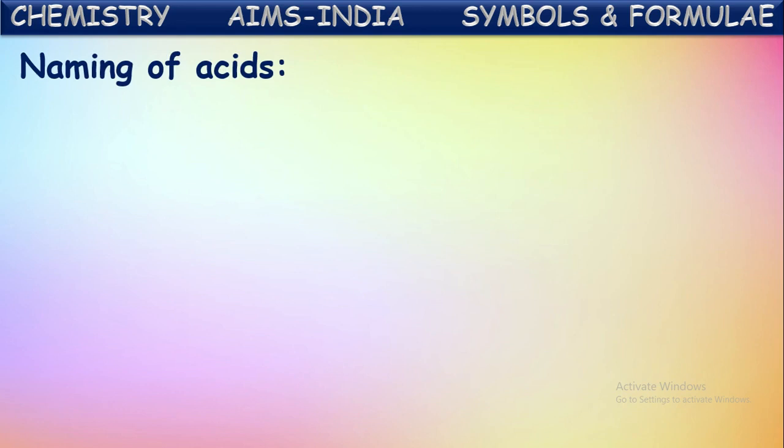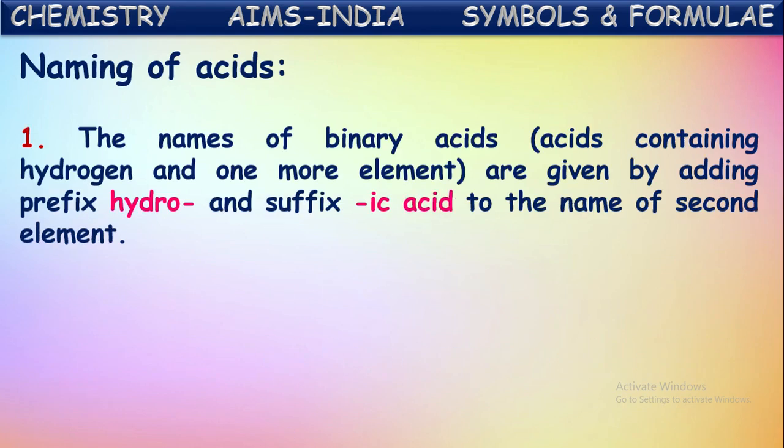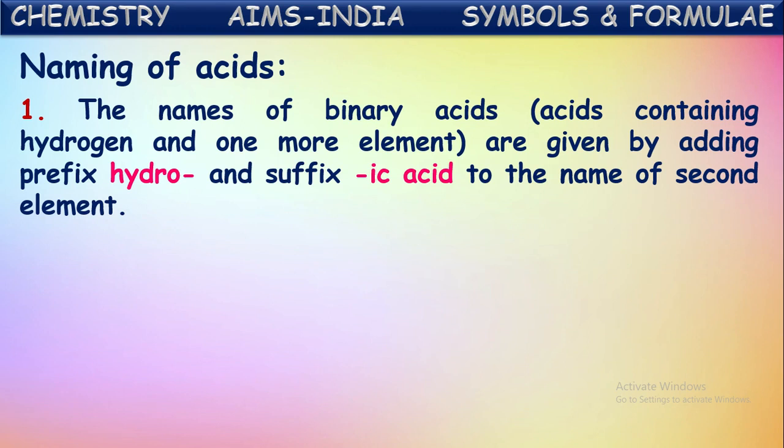Now let us see the naming of acids. The names of binary acids. Binary acids means, as we said earlier, binary compounds are compounds containing only two elements in the molecule. In the same way, binary acids means acids made up of only two elements.